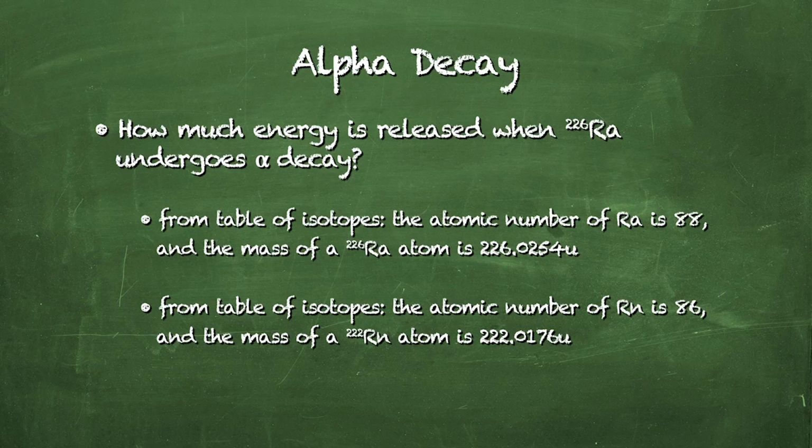The mass of a radium-226 atom is 226.0254. And you'll also have to know that element 86 is radon, Rn, and the mass of radon-222 is 222.0176 atomic mass units.